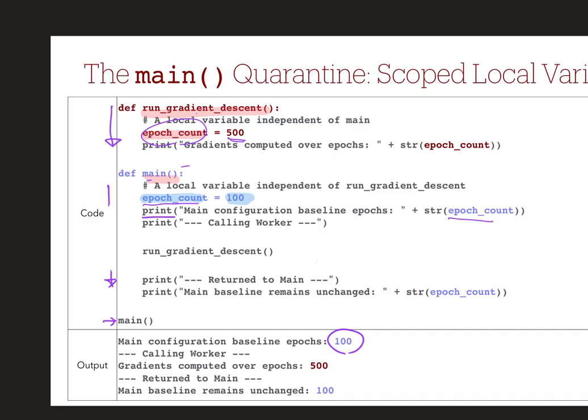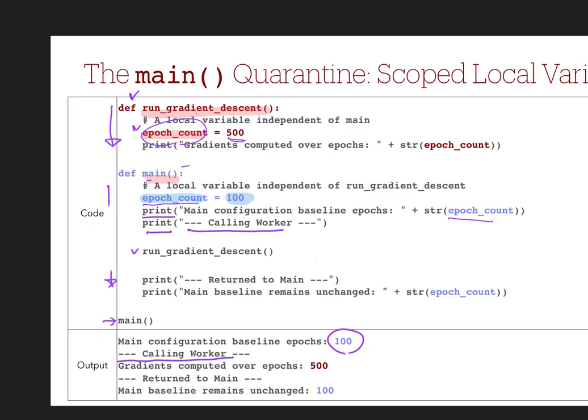And then the next print line will be executed to display "calling worker". And then you call run gradient descent. At that point, the Python interpreter will go inside that function to define the epoch count variable for the run gradient descent function. And as I said, this variable is totally independent from epoch count in the main function.